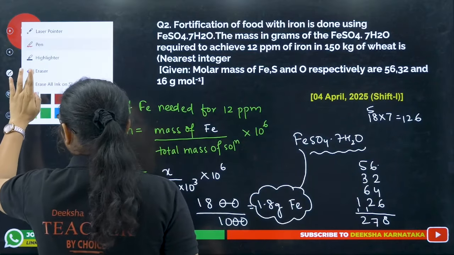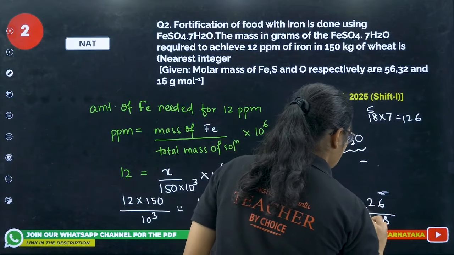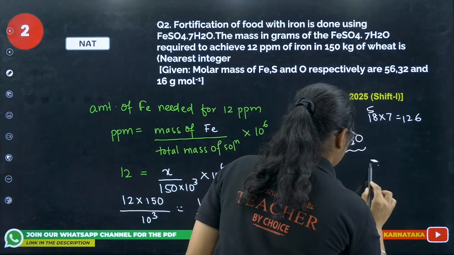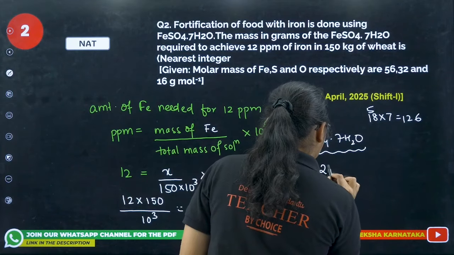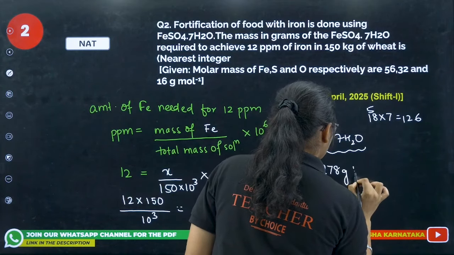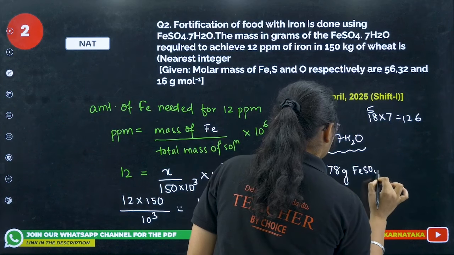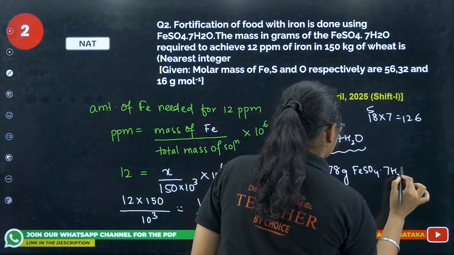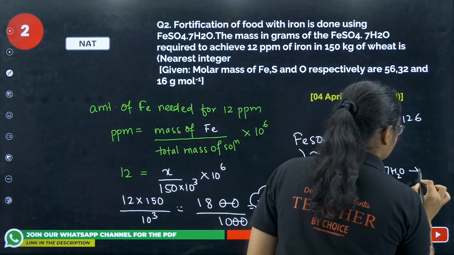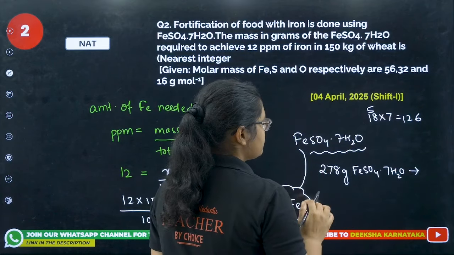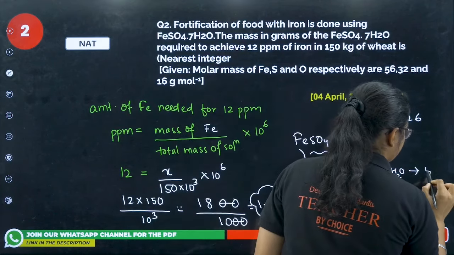Now here we have this one. In 278 gram of FeSO4.7H2O, I have how much gram of Fe? I have 56 gram of Fe, right?